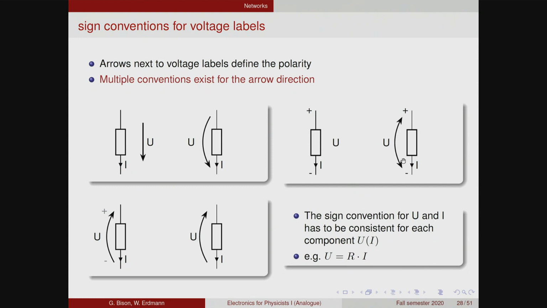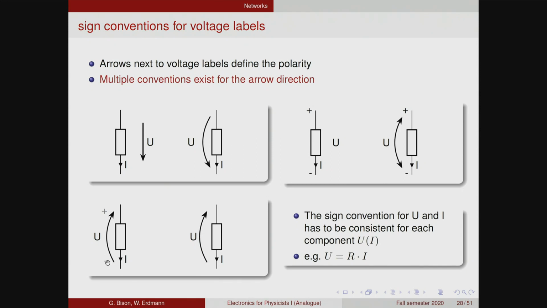Sometimes it's indicated with an arrow that has two arrowheads, and then you have to have a plus and minus in order to know the polarity convention for this voltage difference. And then it also is possible to see the plus and minus sign with an arrow that is reversed.